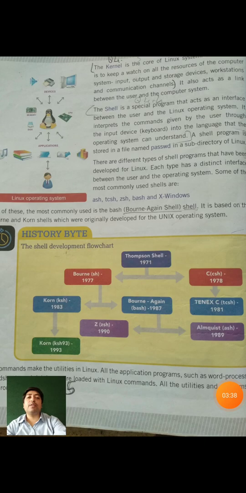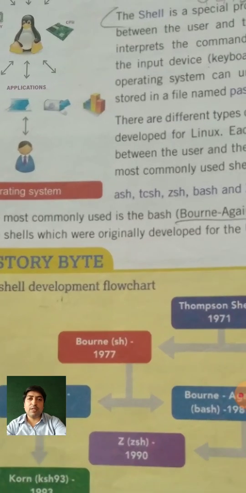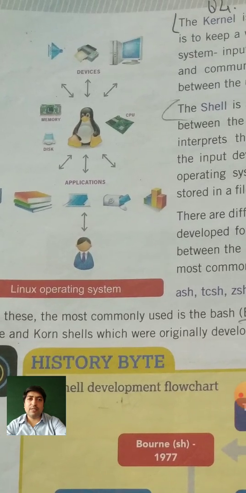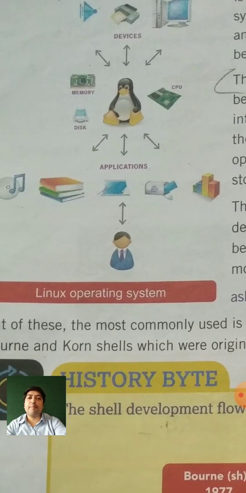Open the next page of your textbook. The description of the kernel we can see very clearly here. The diagram you can see on the right side of your textbook contains the devices, memory, CPU, and applications. The user is at the bottom.